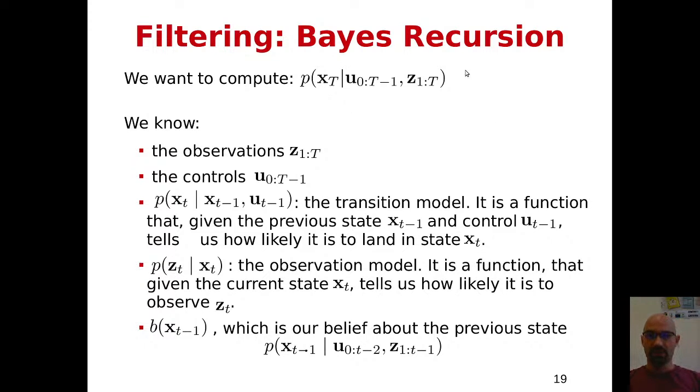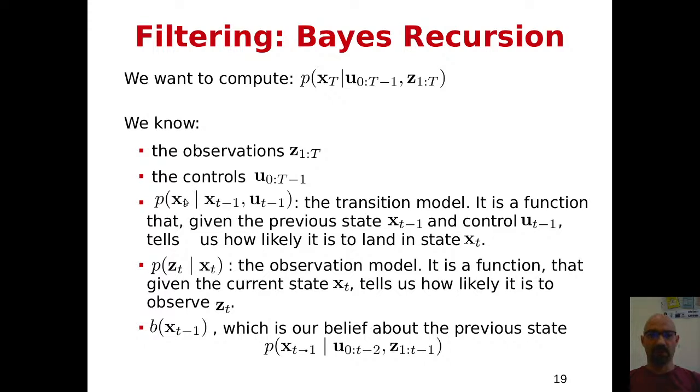In addition to this, for instantiating the filter, we need to know the probabilistic system model, which consists of the transition model, which is the equivalent of the deterministic transition function in the deterministic case, which tells us the distribution over the next state by knowing the previous state and the previous control.